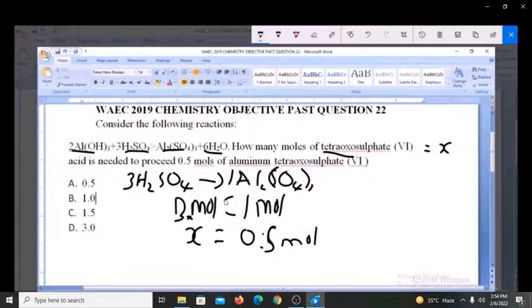Now, by simple cross multiplication, X moles will be equal to 3 multiplied by 0.5.